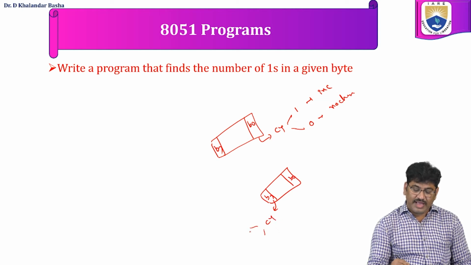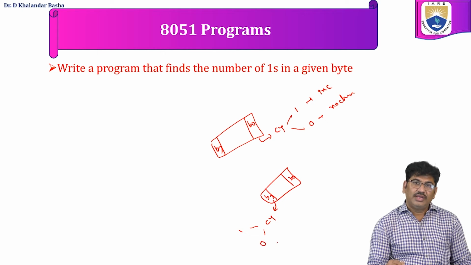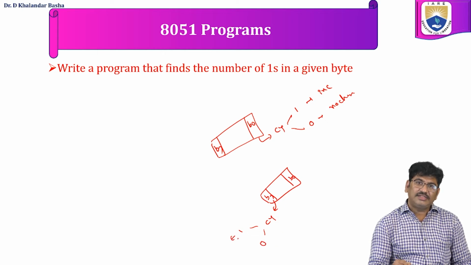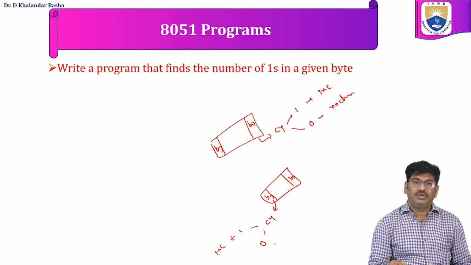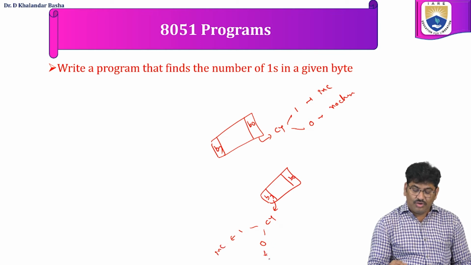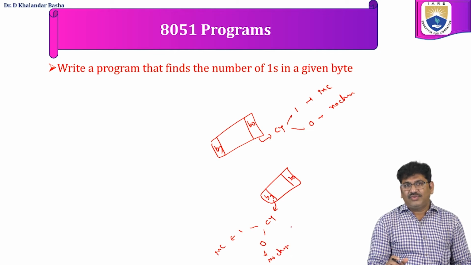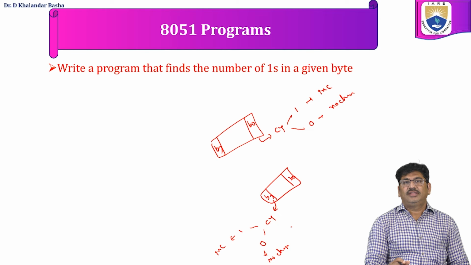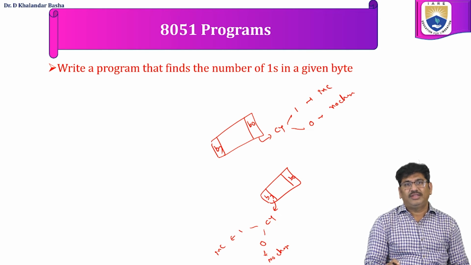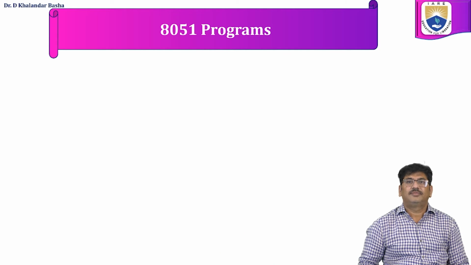Here also you check whether the carry flag is 1 or 0. If the carry flag is 1, it indicates the data is 1 in that particular bit, so we increment the count. If it is 0, there is no change. As the data size is 8 bits, we shift either left or right 8 times.